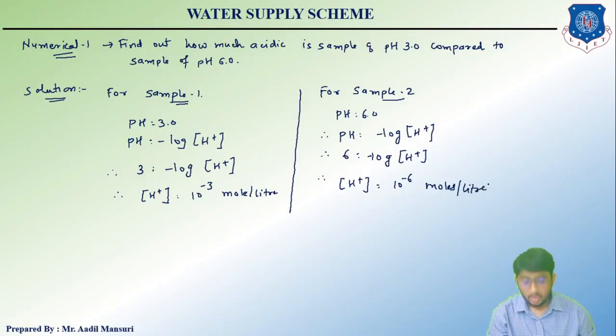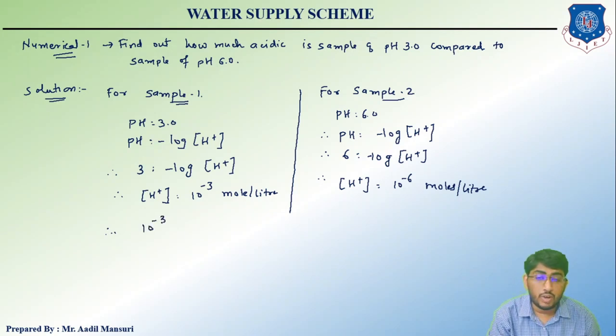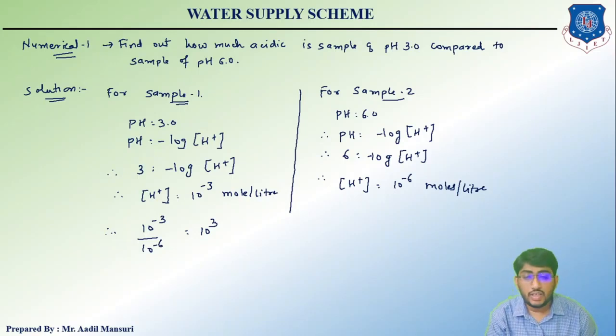Comparing, 10 to the power minus 3 by 10 to the power minus 6 equals 10 to the power 3.